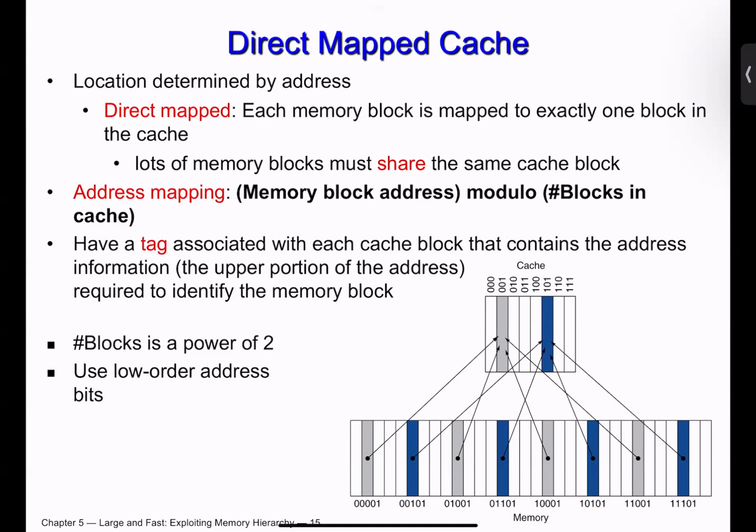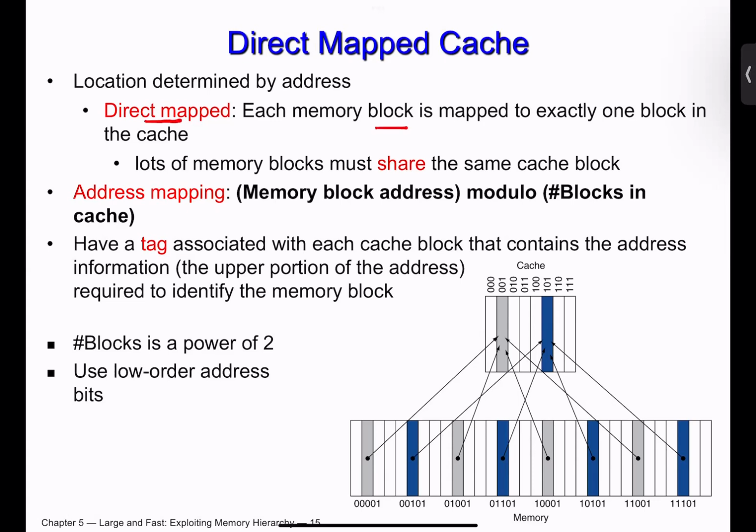Since we have many to one, this is what we call direct map, meaning that each of the apartments would be able to have just one location inside the whole parking spot. Just one, many to one. It's direct mapping between this apartment and that particular parking spot. So here is direct map.